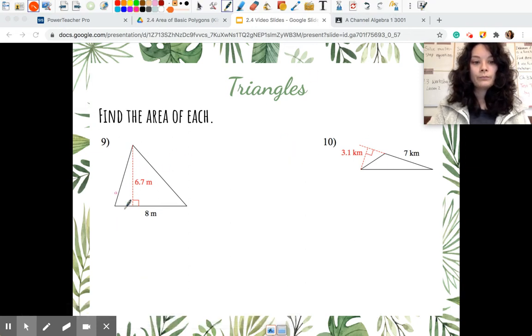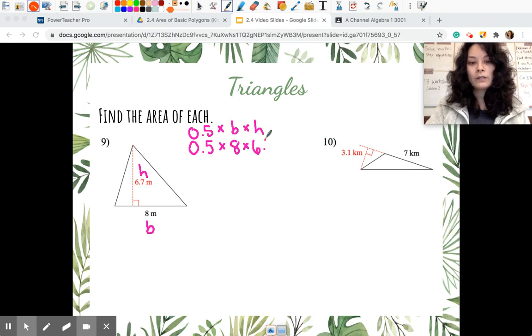So in this figure for number 9, we have a height of 6.7 and a base of 8. So I'm going to put it all together in my formula. I should probably start by writing my formula: 0.5 times base times height. And then I'm replacing the base with the 8 and the height with 6.7.